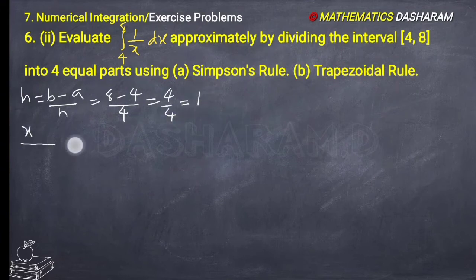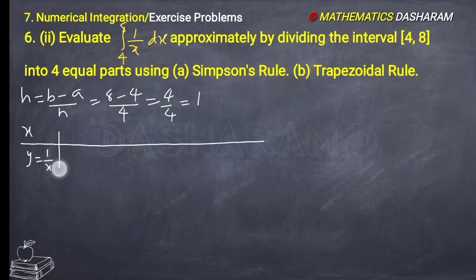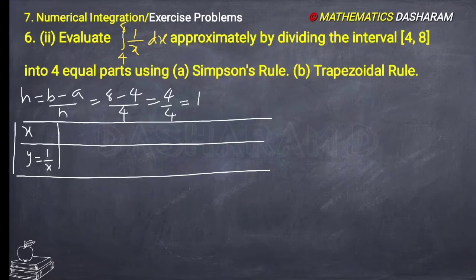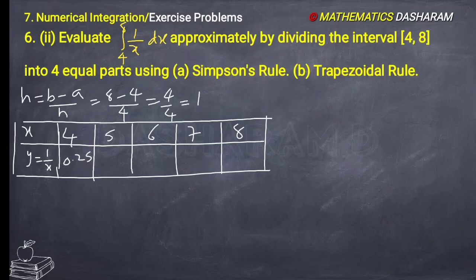So now here x and this is y. The y value is 1 by x. So the first x value is 4, next x value is 5, next 6, 7, 8. When the x value is 4, then y equals 1 by x, so it is 0.25.